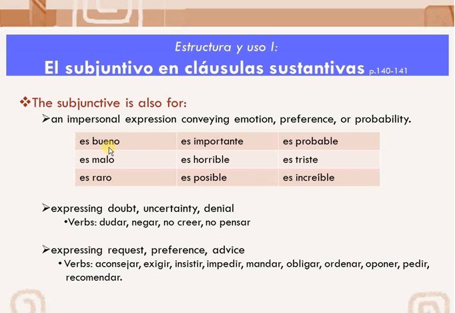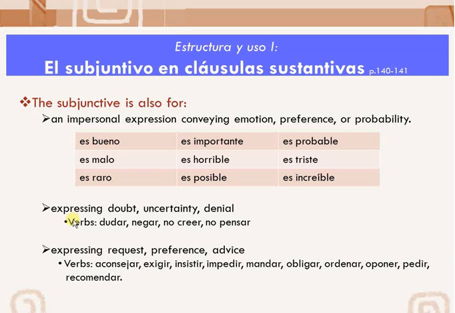And in Spanish, you can recognize an impersonal expression when you see that es before an adjective: es bueno que, es malo que, es importante que, es raro que, es posible que, es horrible que, es probable que, es triste que, es increíble que. Again, you need to be able to recognize those expressions. And the clue is you will always have that es and then an adjective.